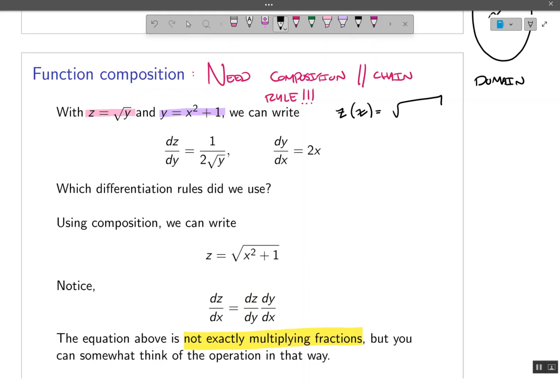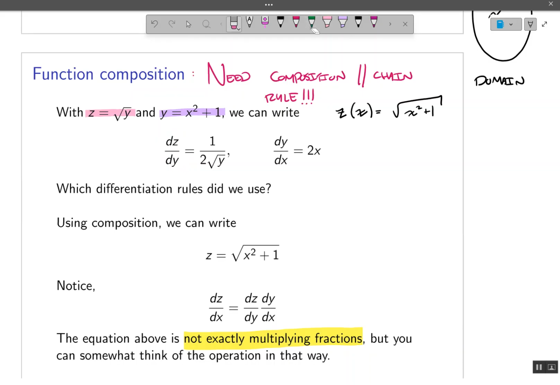What is that something? x squared plus 1. So if I want the derivative of this function, let's first find the derivative of z with respect to y. That means treat y as the independent variable, just like x.